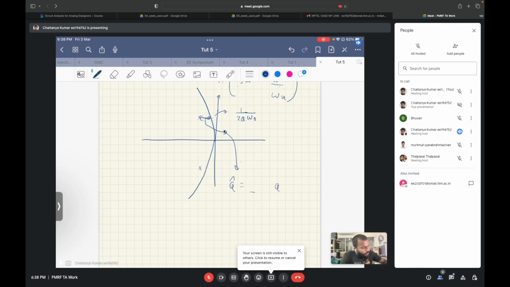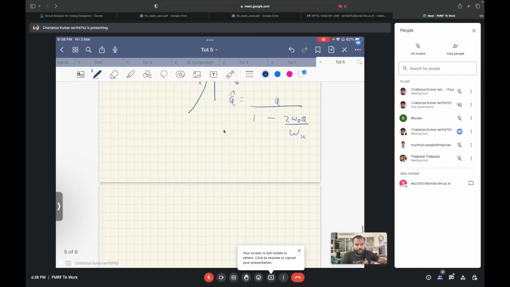So q hat was equal to q upon 1 minus 2 omega naught q upon omega u, correct? So this was the drill we did in this class, and then we said that we can use q enhancement and other techniques to find the actual response. So we will try to verify this using SPICE simulation.